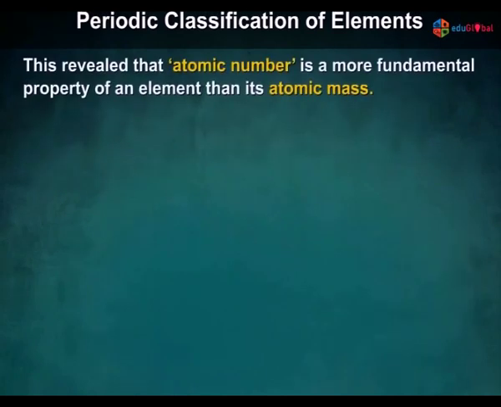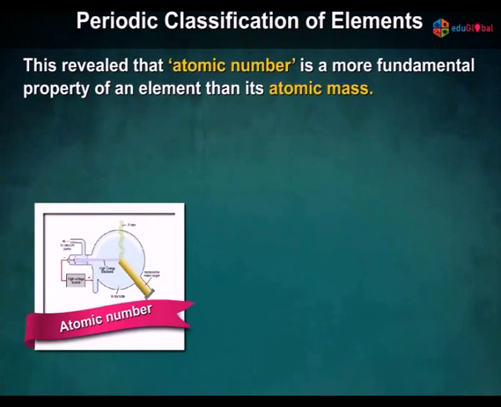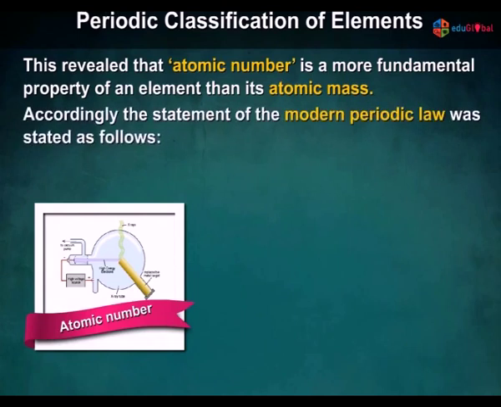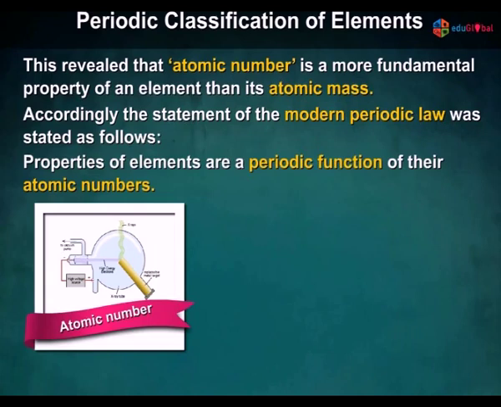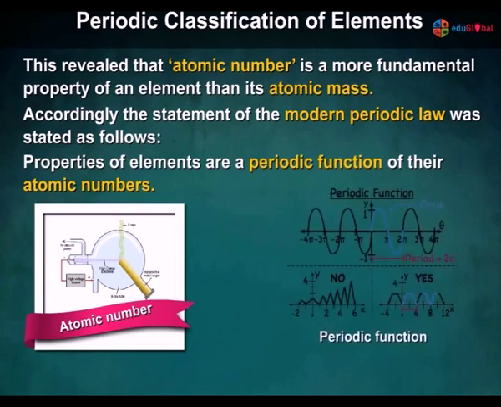This revealed that atomic number is a more fundamental property of an element than its atomic mass. Accordingly, the modern periodic law was stated as follows: properties of elements are a periodic function of their atomic numbers.